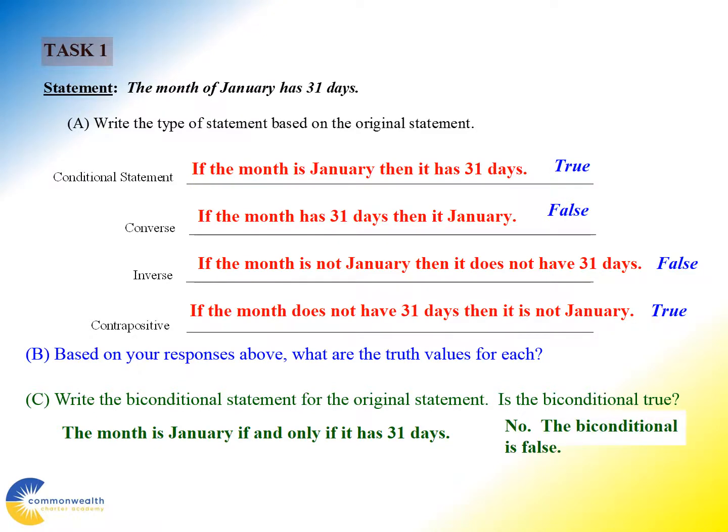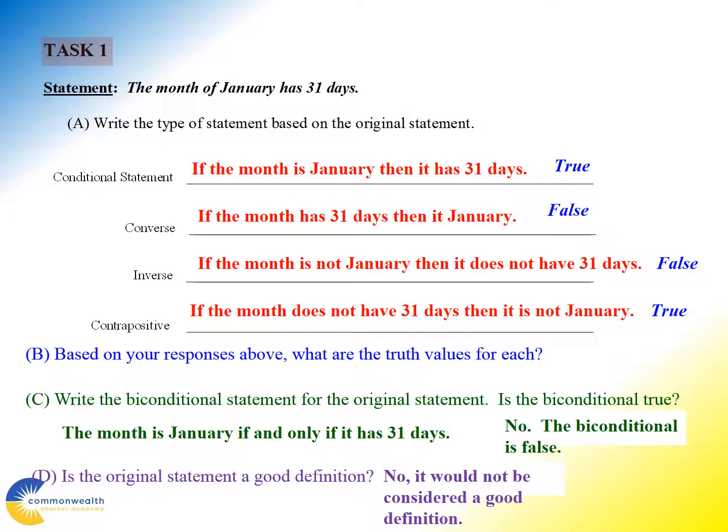The biconditional is false. And so one of the last questions you usually ask is, is the original statement a good definition? In geometry and mathematics, a good definition means that it can be written as a true biconditional statement. So in part C, when we said it wasn't a true biconditional statement, that means that it's not a good definition either.